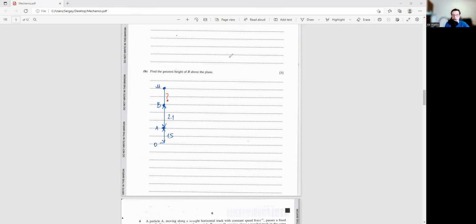Now, how can we possibly calculate this height? I think the easiest way to do so is to use energy conservation.